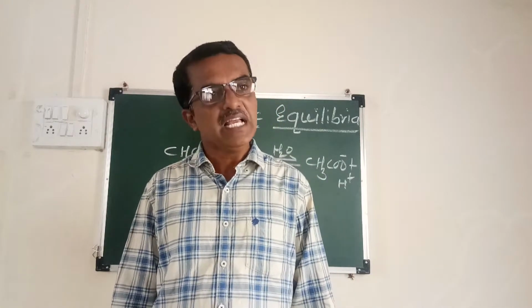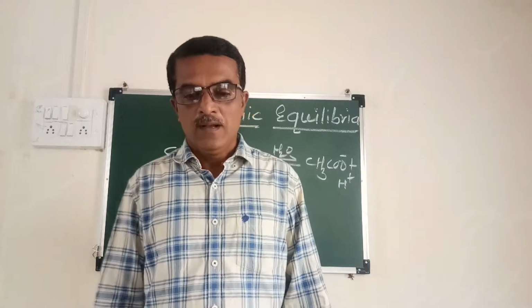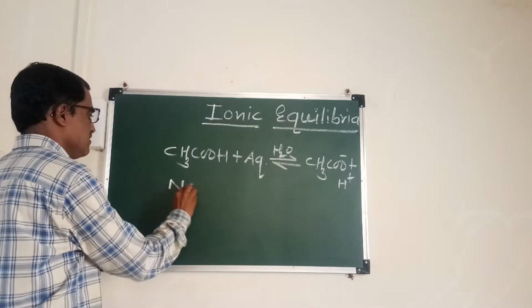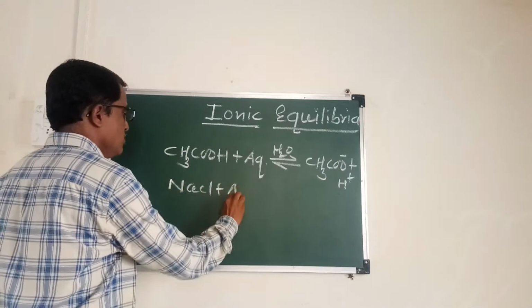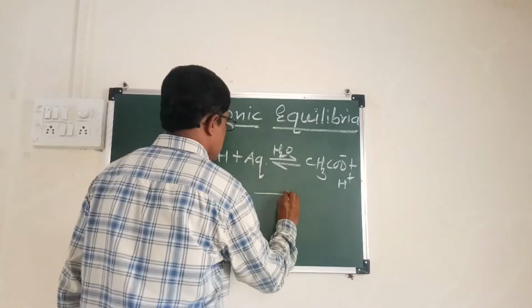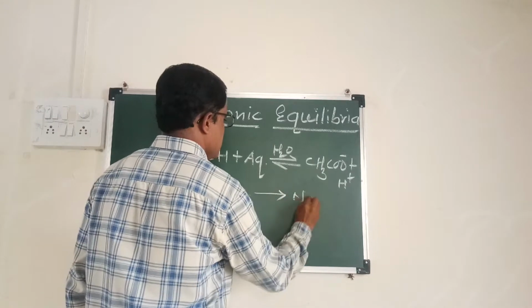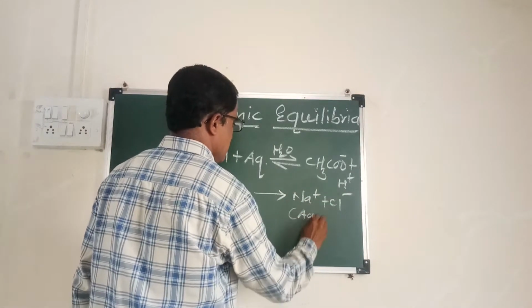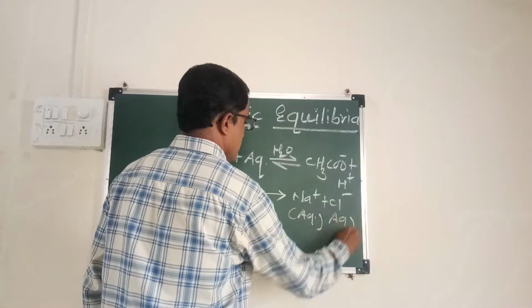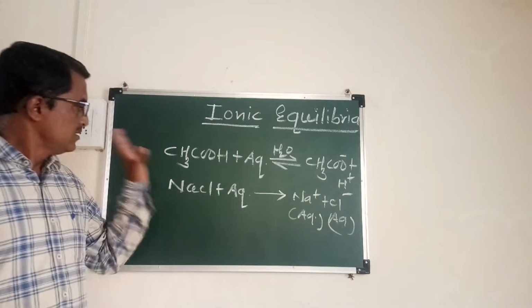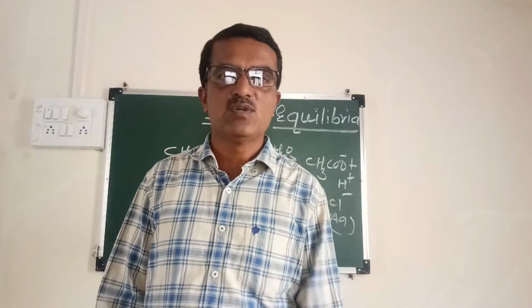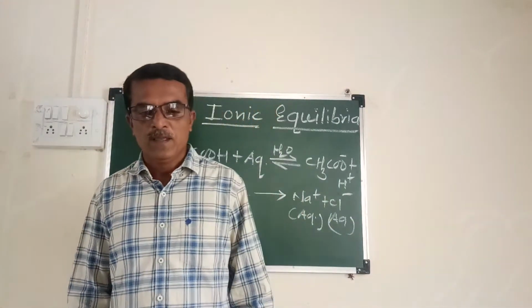For example, NaCl, when dissolved in water, gives Na plus and Cl minus ions. So electrolytes are substances which, when dissolved in water, give ions.